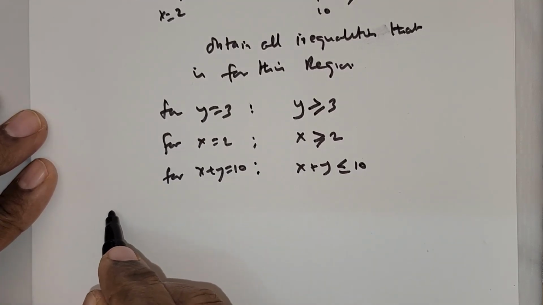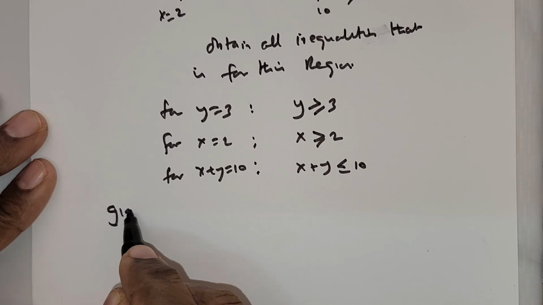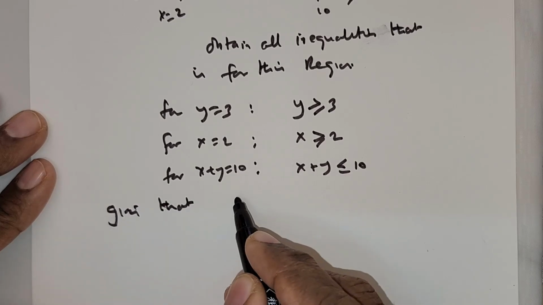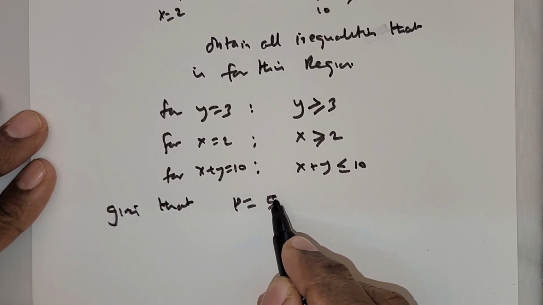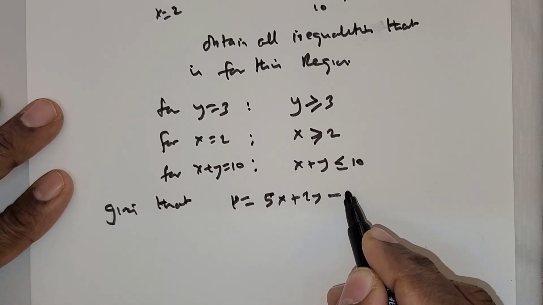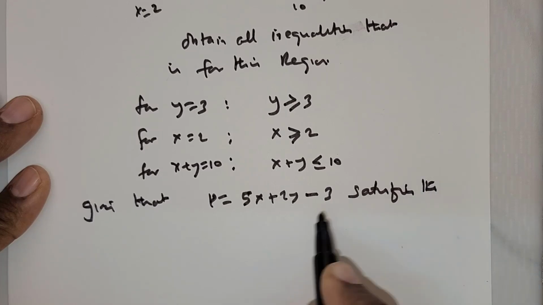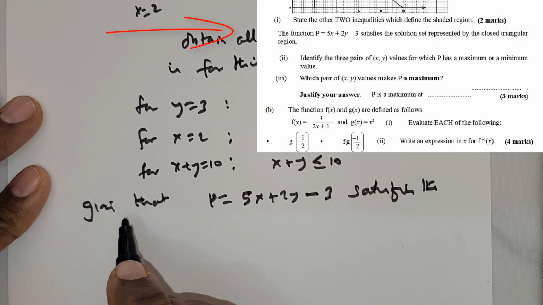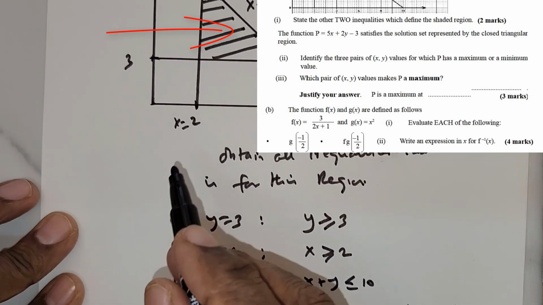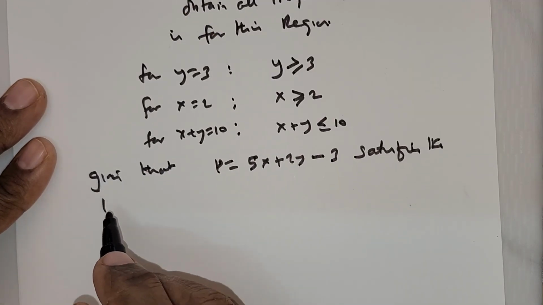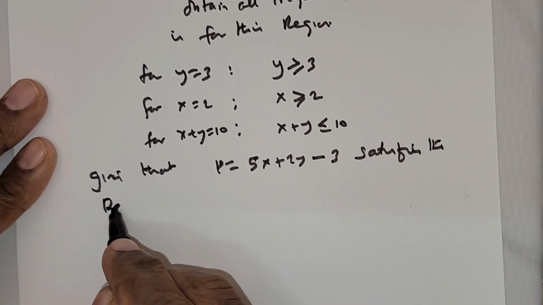Now the next question says that given that p is equal to 5x positive 2y negative 3 satisfies the graph, or I would say satisfies the region.